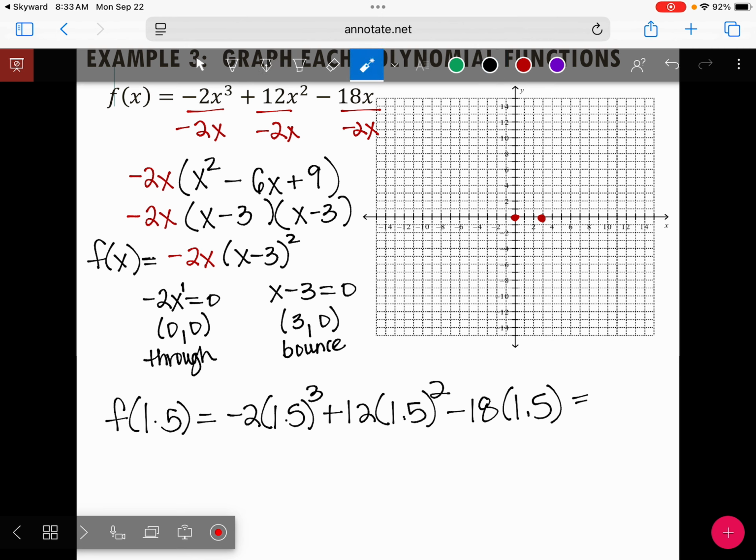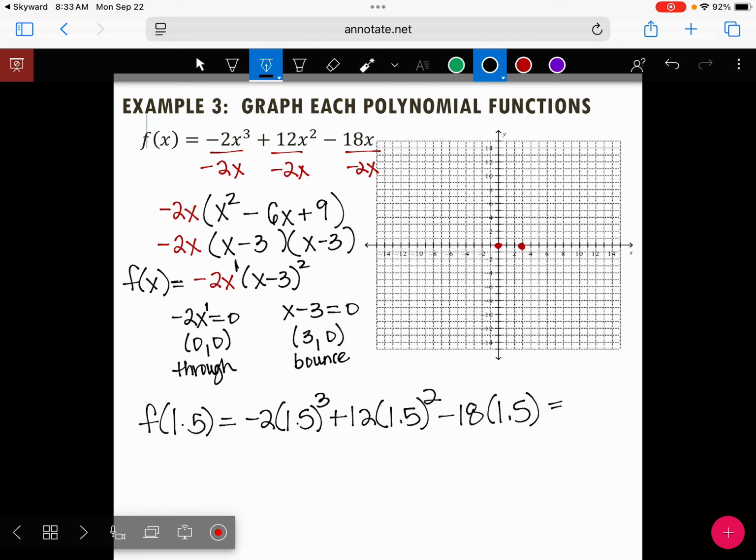And if you add up your multiplicities, when it's factored, you can still see that it's a third degree because you have a 1 and a 2. So odd negative, let me write that here. This is an odd negative, so your end behavior should be up on this side, and on the right it should be down.